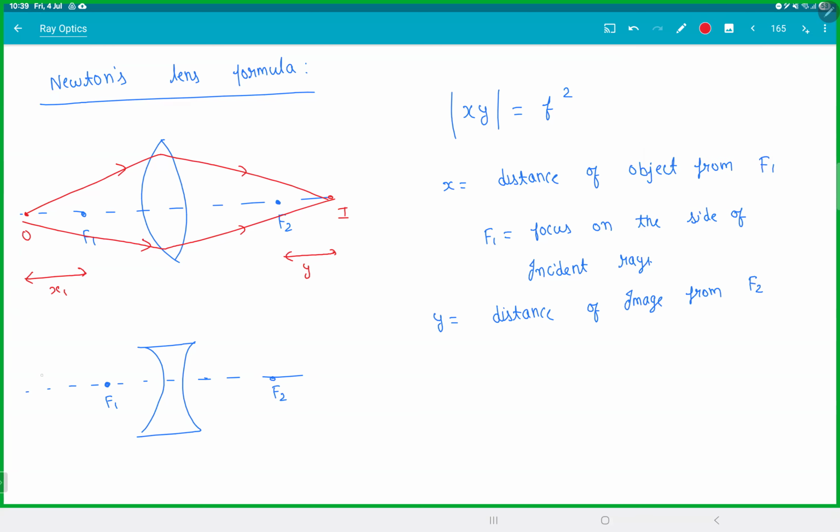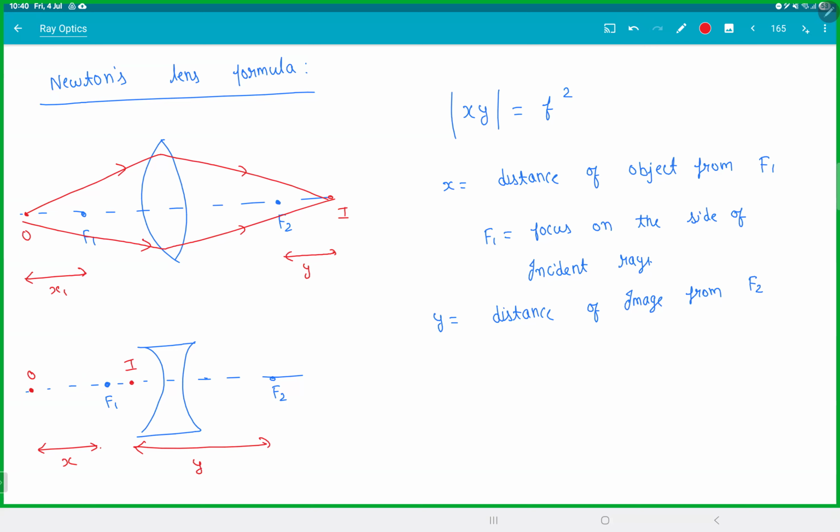Because in this, if you look at the object and the image, both will be here only. This will be the object. This will be the image. Let's say somewhere here for simplicity. So the object's distance is measured from here, X, and the image's distance is measured from here, Y. Got it? You should measure it from the other focus.